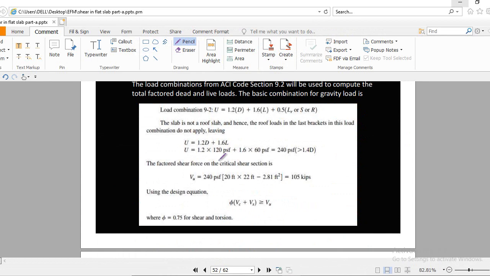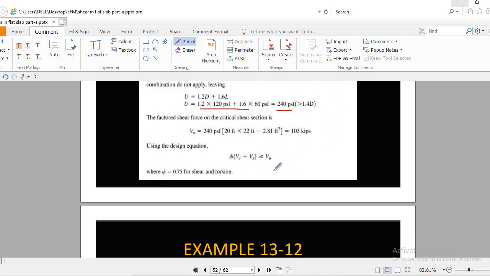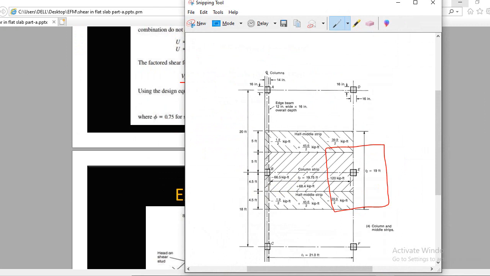Now we have to use the load combinations, and from this equation, this is the governing equation, we got 240 psf. This is our qu. So we have to find out our Vu. So what is Vu? This is the tributary area minus the critical area.